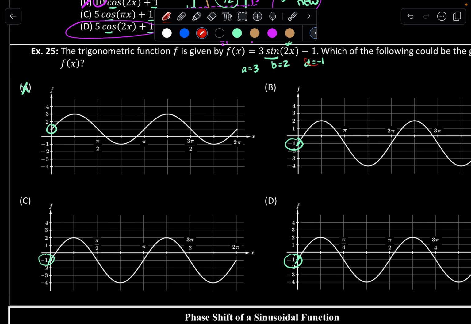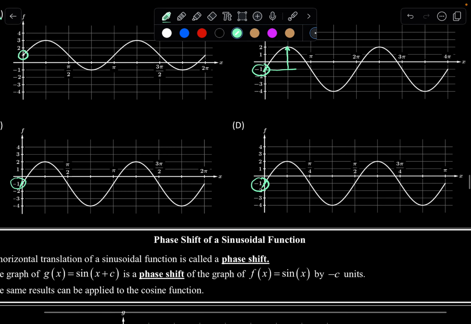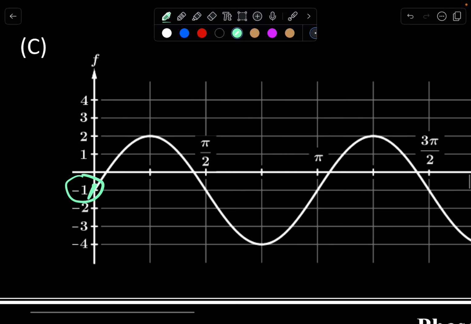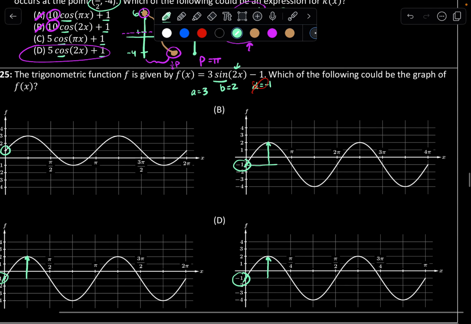All right, so we did all we could with the D value. Now let's look at the amplitude. If we look at the amplitude for B, we go up 1, 2, 3. So that's an amplitude of 3. For this one, we go up 1, 2, 3. C has an amplitude of 3. D, 1, 2, 3. Okay, that did not do anything for us.